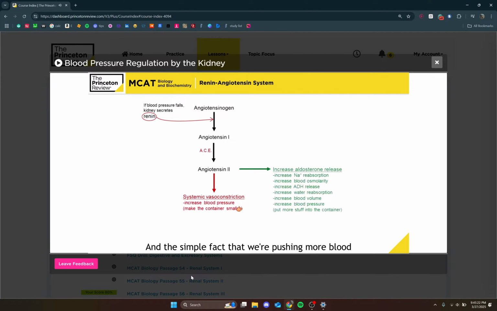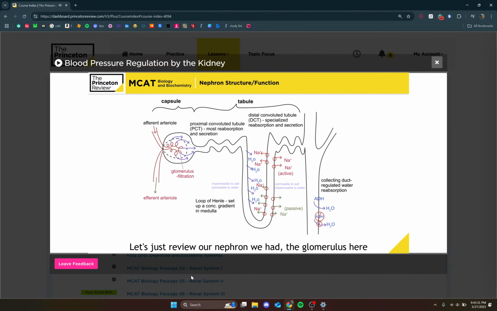But remember our glomerulus. Let's just review our nephron: we had the glomerulus here in the capsule and all the tubule coming after. And we said that the glomerulus was unique because it had an artery in and an artery out. And this would help regulate flow into and out of the glomerulus and helped to regulate pressure.